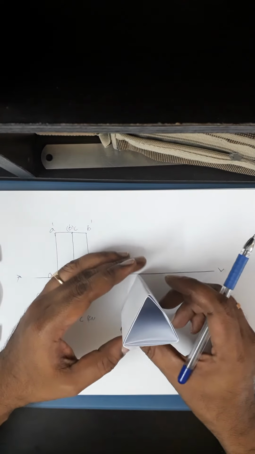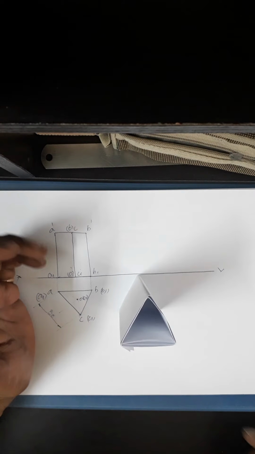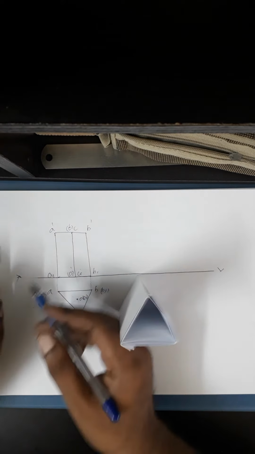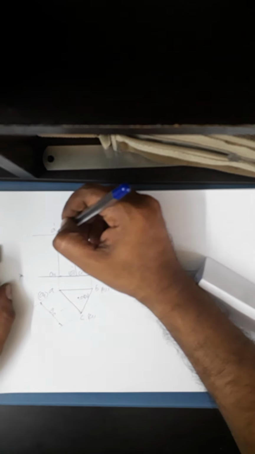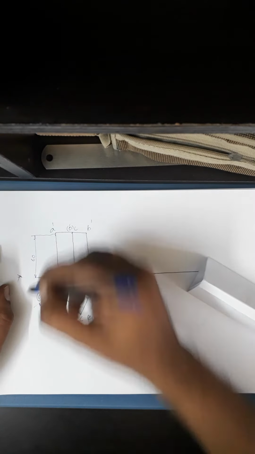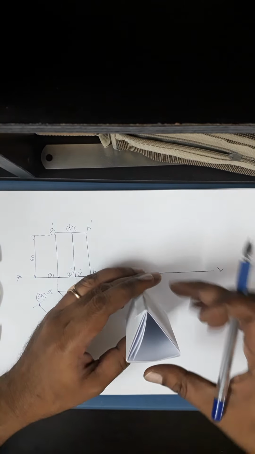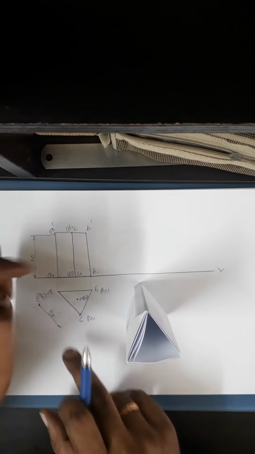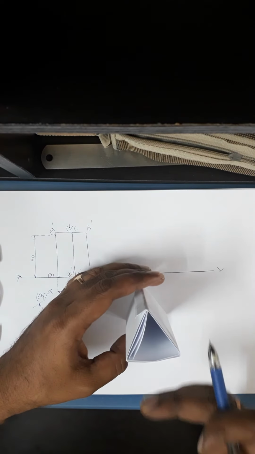So if I keep it this way, we'll see how the view will be. This is the position where I can say it's a triangular prism of 30 mm base edges and a height of 60 mm, resting on its base again, such that one of its rectangular faces is parallel to VP, similar to that, but this is nearer to the observer.